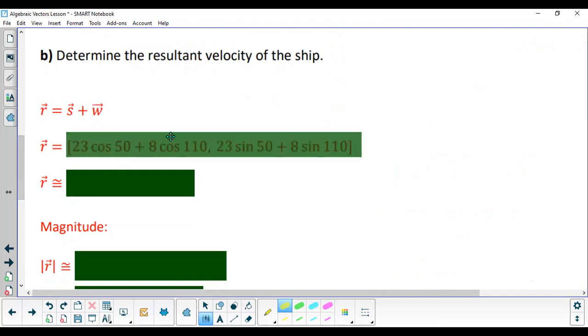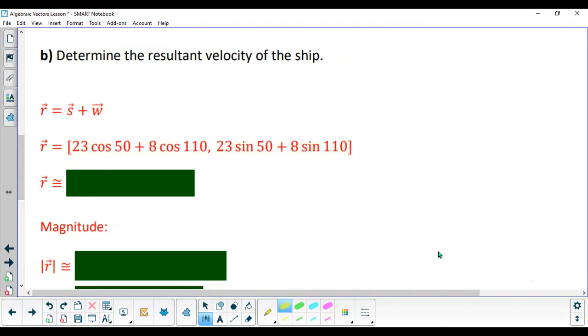All I have to do is take my vector S, which was the ship's speed, and my vector W, which is the velocity of the water, and we're adding all those components together.